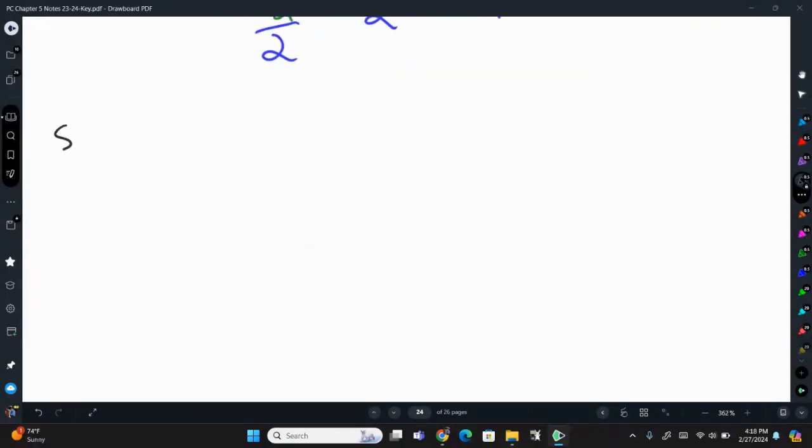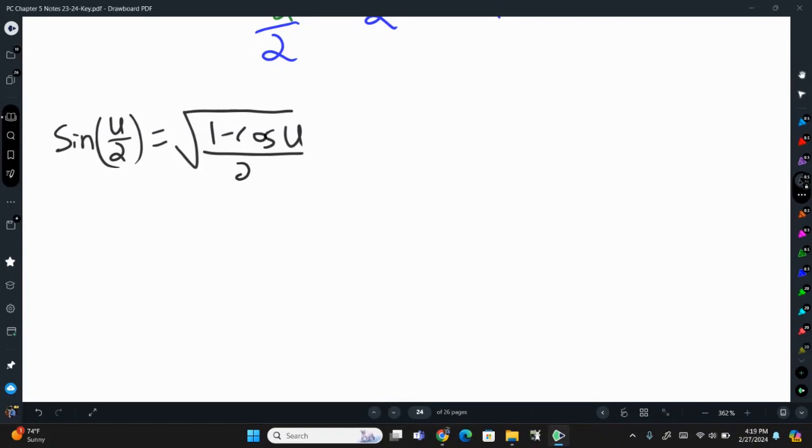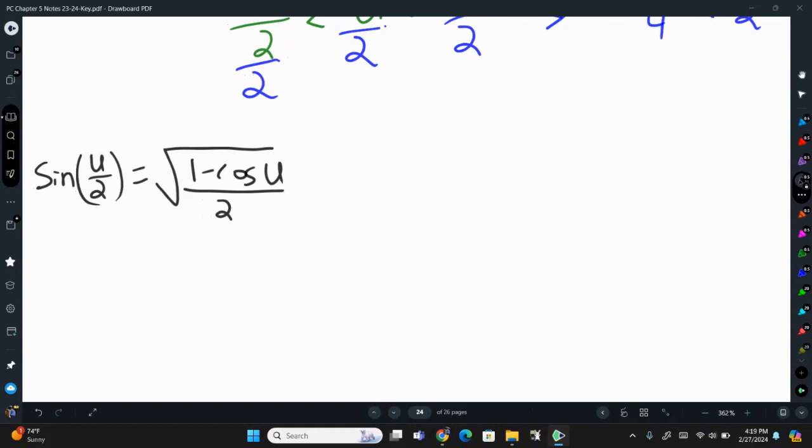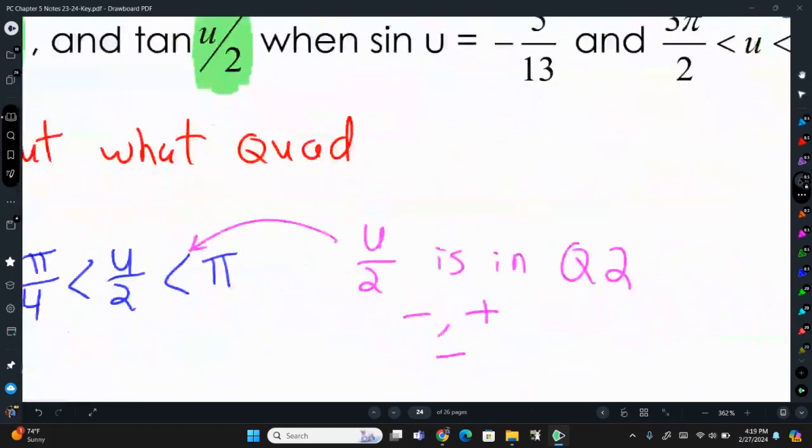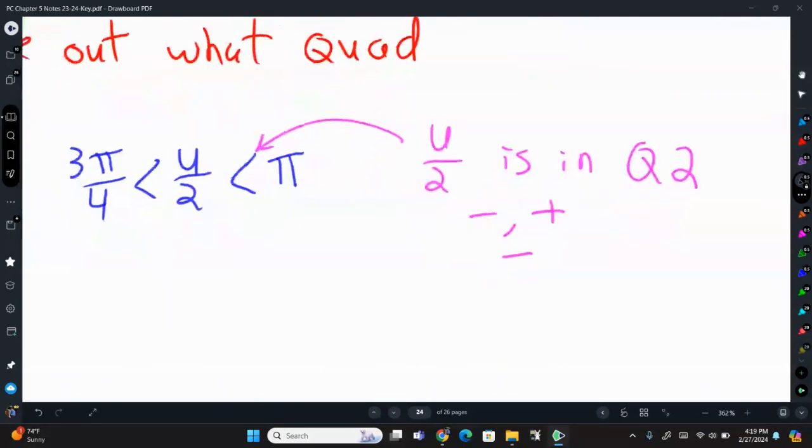So the sine of u over 2 is equal to the square root of 1 minus cosine of u over 2. And again, we're not using the negative in front because our angle u over 2 is in quadrant 2 where sine is positive.